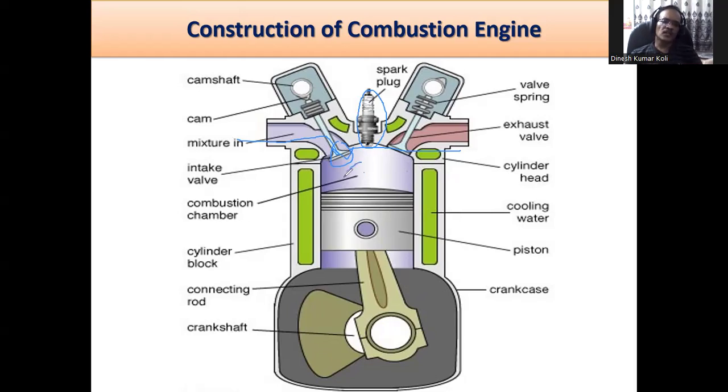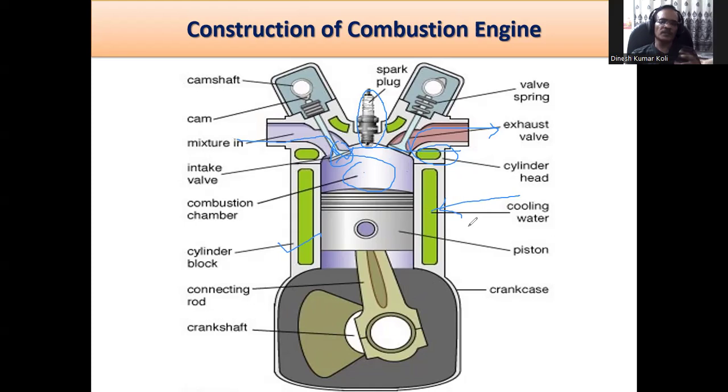This portion is called the combustion chamber. This is the cylinder block, and here you will see this is the exhaust valve from which the gases will leave the chamber. This portion is called the cylinder head. We use cooling water for the cooling purpose because when the combustion takes place, it will become hot.